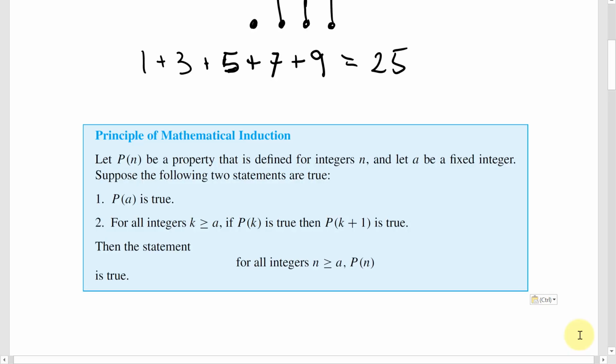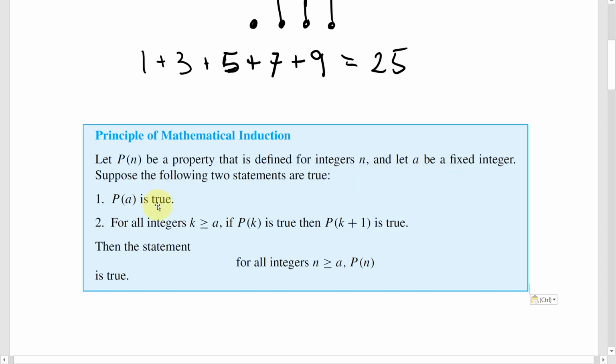So the principle of mathematical induction is this general principle that says, given some statement P of n, really some predicate that is true or false for a particular value of n. Let's say P of n is some property that's defined for the integers n, where it doesn't have to be positive. Let a be some fixed integer, and suppose the following two statements are true.